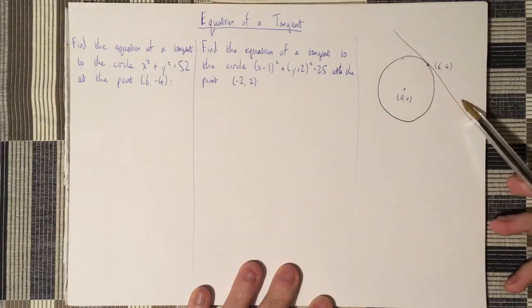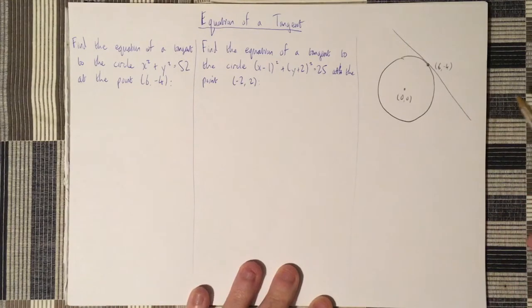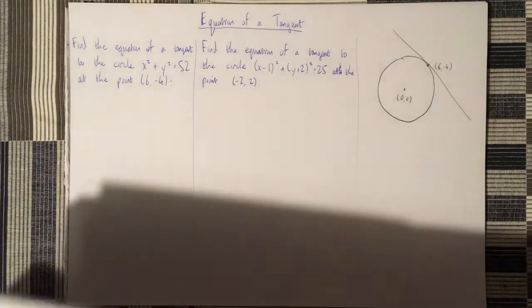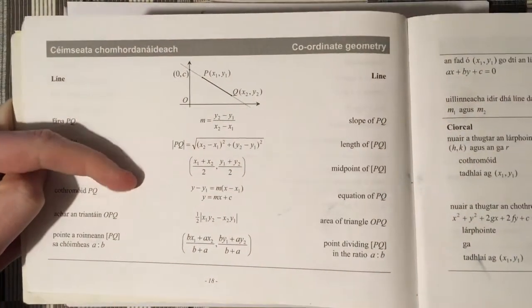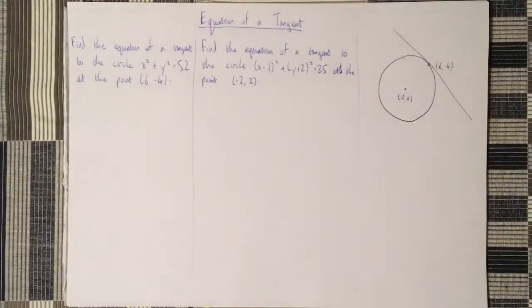And I want the equation of this tangent. So I want the equation of a line, which we've done in coordinate geometry of the line. We've got the formula on page 18 of the log tables: y minus y1 equals m(x minus x1). That's how you get the equation of a line, and a tangent is just a line.